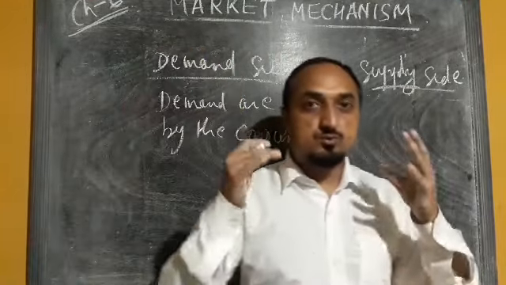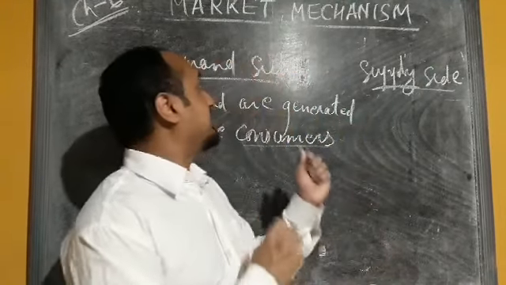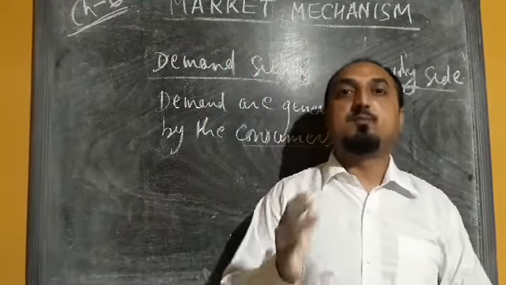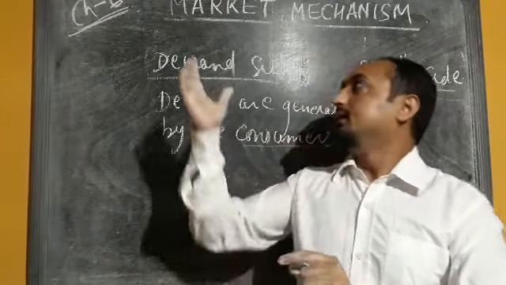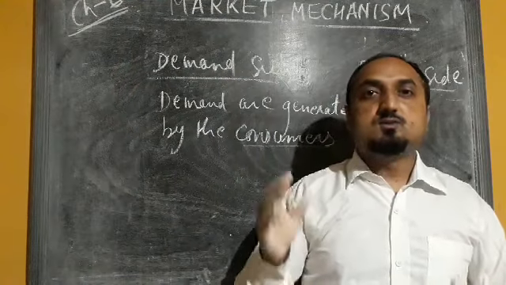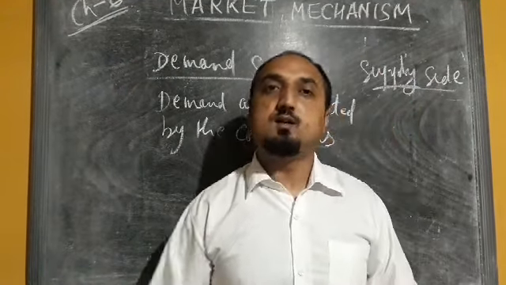Producers produce various goods and services to maximize their profit. So these are the basic concepts that today we have learned: equilibrium price, disequilibrium, demand side, supply side. So this much for today, and the remaining portion we will cover in the next class.